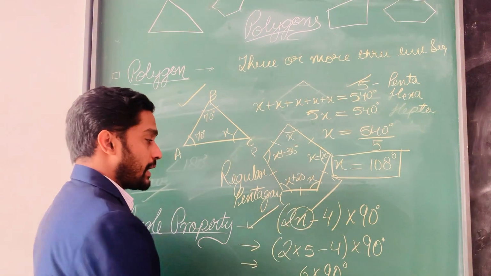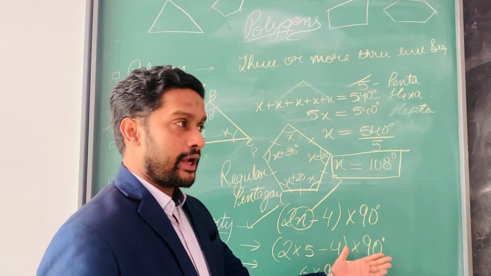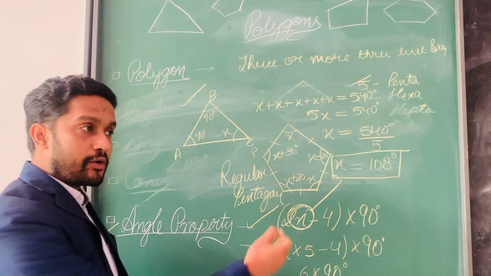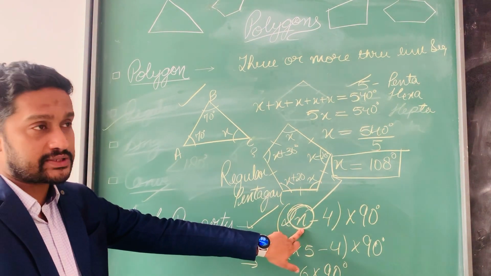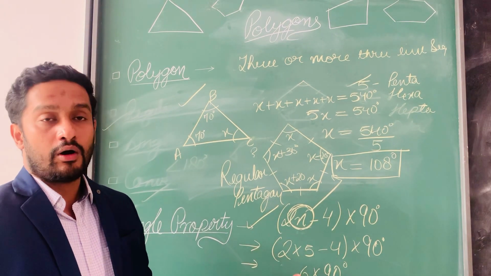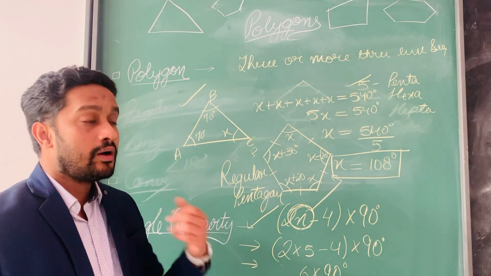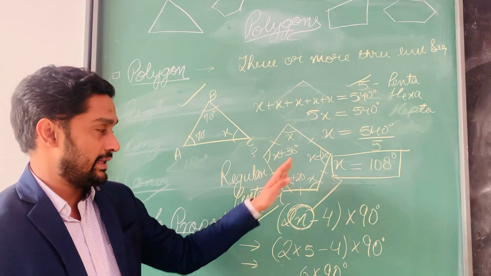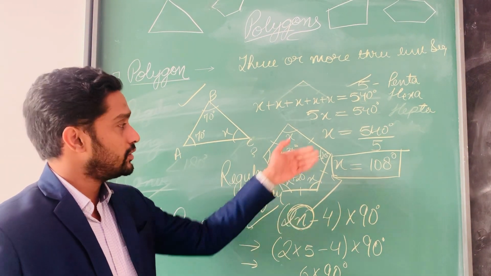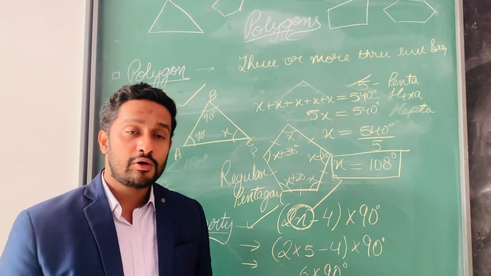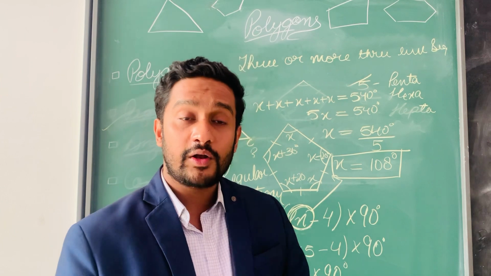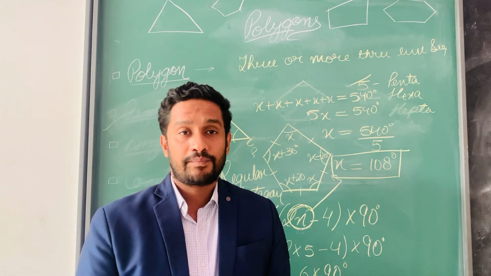Just apply the formula (2n minus 4) into 90, where n is the number of sides of the polygon. Put the number of sides here and do the calculation, and you will find the sum of all angles of the polygon, like 540 in the pentagon. In an irregular polygon, do the same: add all the angles, keep it equal to the sum of all angles of the polygon, and you will get the value of each angle.